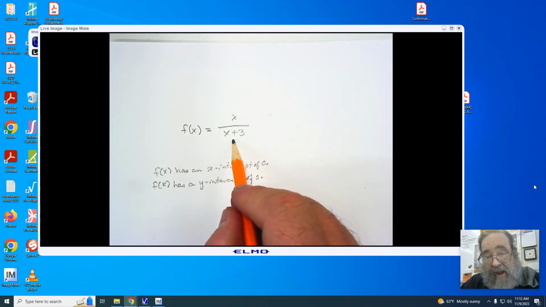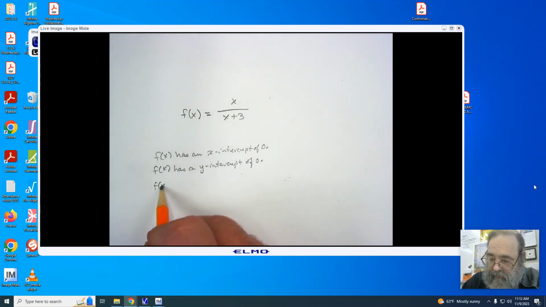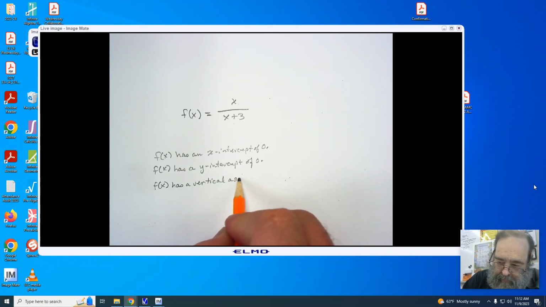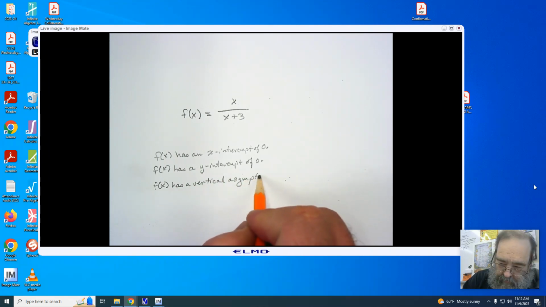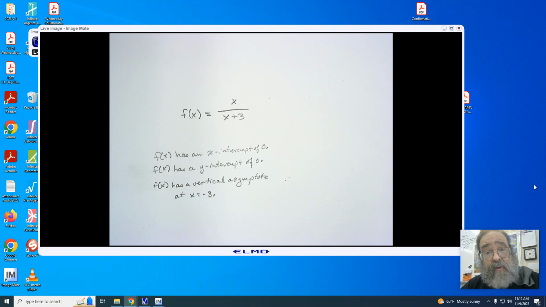F of x therefore has a vertical asymptote at negative 3. Please make sure you write it as x equals, as it is a vertical line.